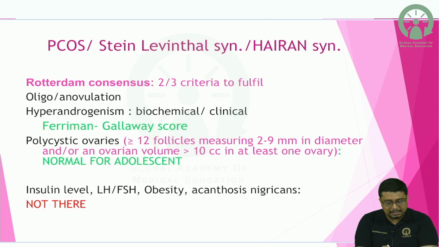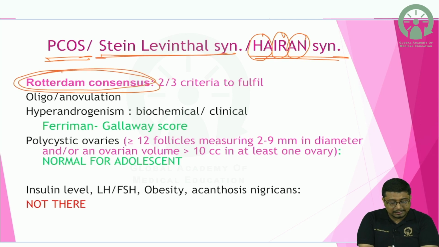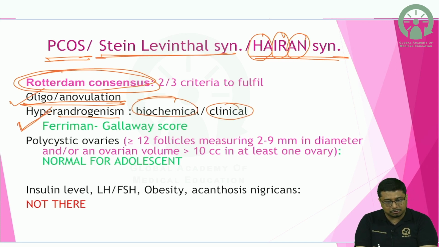So polycystic ovarian disease, the names are very important: polycystic ovarian syndrome, or the Stein-Leventhal syndrome, or the HAIR-AN syndrome, because of hyperandrogenism, insulin resistance, and acanthosis nigricans. So this is diagnosed by the Rotterdam criteria, which says: oligo or anovulation has to be there, evidence of hyperandrogenism has to be there, either clinical or by increased serum testosterone, right?